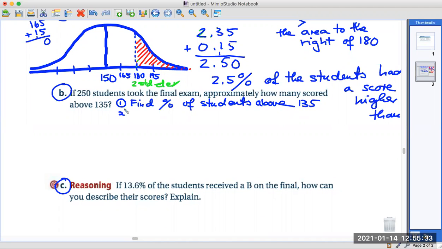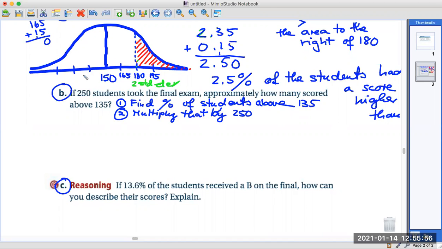And then second, multiply that by 250. Okay, so I could use this curve, I suppose.